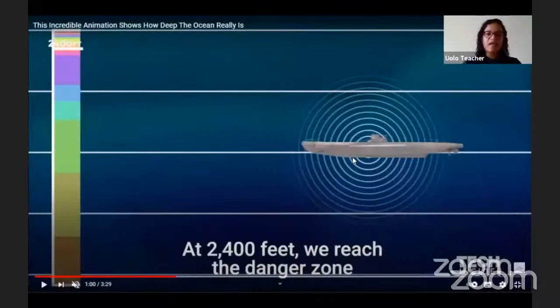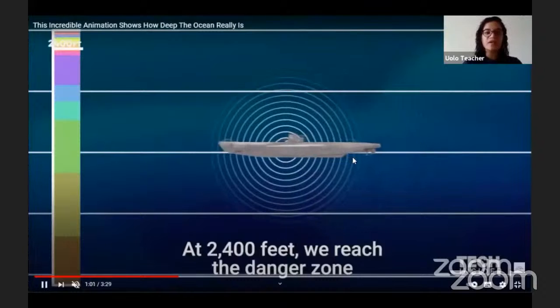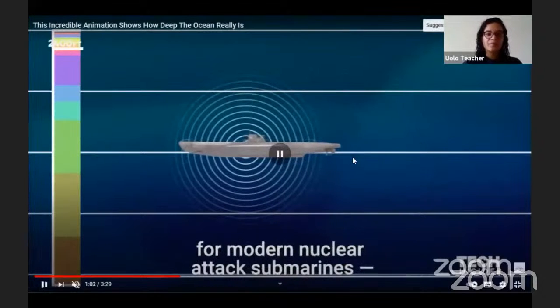Let's understand. Now, at this zone, there are modern nuclear submarines. Okay, nuclear attack submarines. Now, what are nuclear attack submarines? Now, you may have heard that there are various things that our government does for us, right? One of them is that it protects us from nuclear weapons.